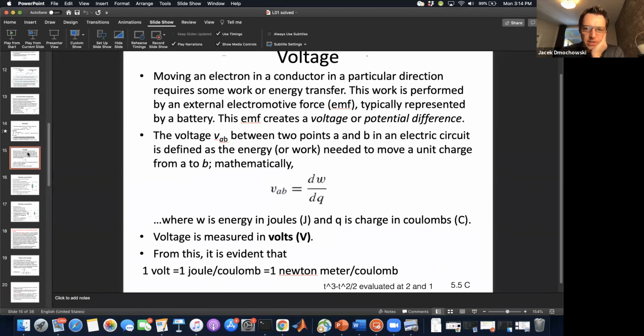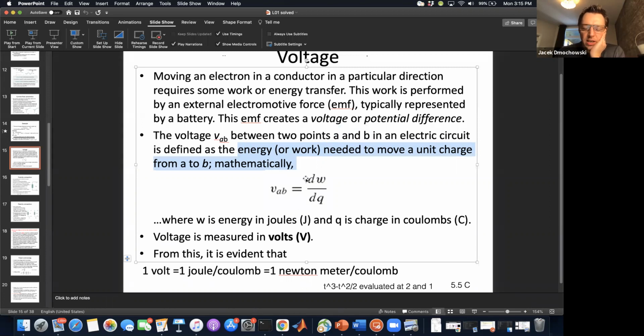So as I already gave you a quick definition of voltage, a more intuitive definition. The formal definition is that voltage between 2 points in a circuit, call those points A and B, is the amount of energy that's needed to move a unit charge, so 1 coulomb, from A to B. So how much energy is needed to separate 1 coulomb, right?